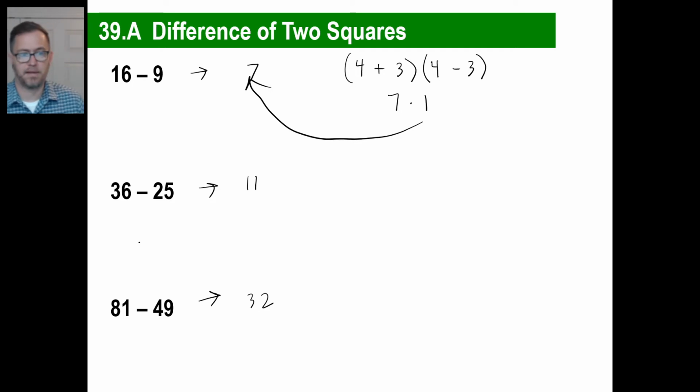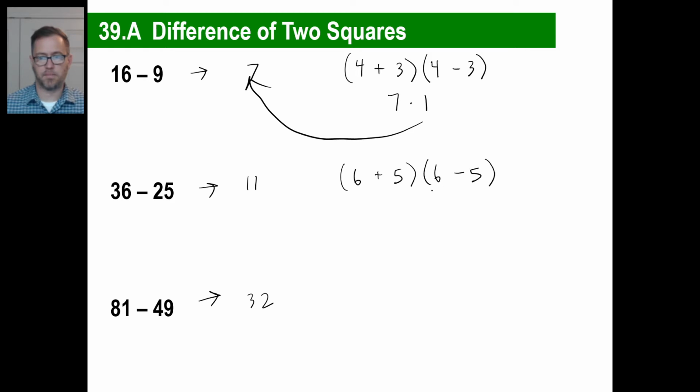Okay, let's try it down here. What's the square root of 36? 6. The square root of 25? 5. If we add those together, and then take the same two square roots and subtract them, I get 11 times 1, which is the answer again. Now here's another one.